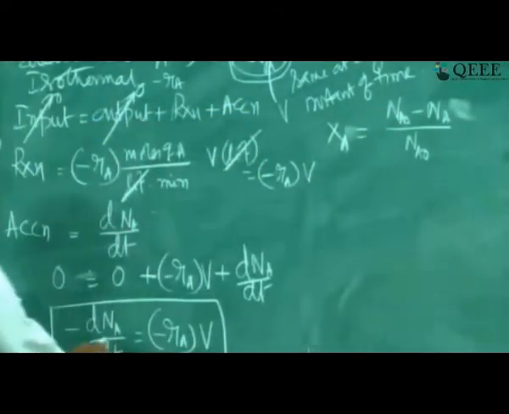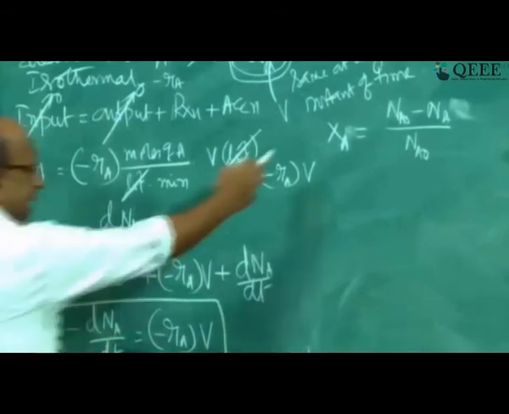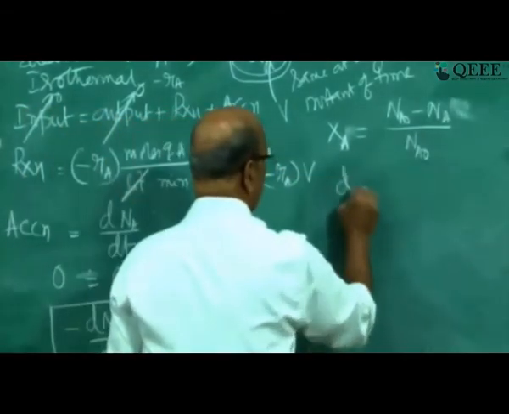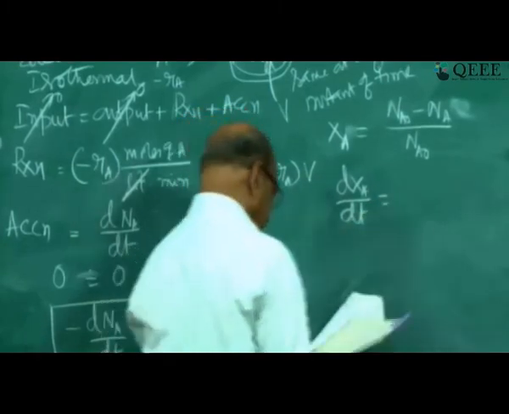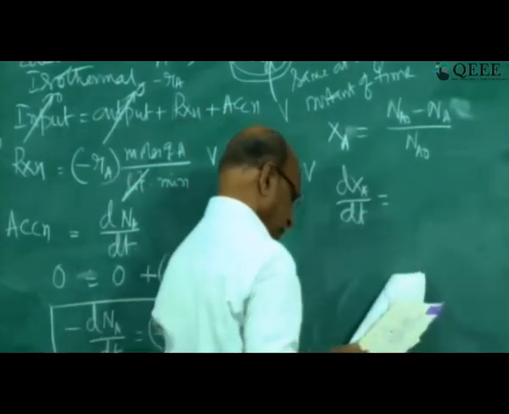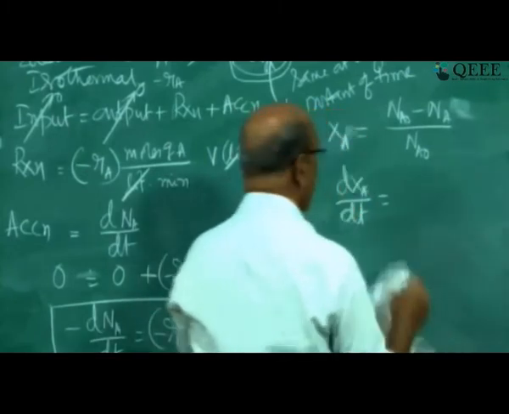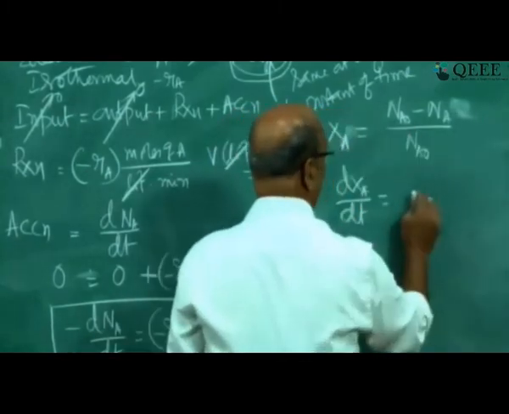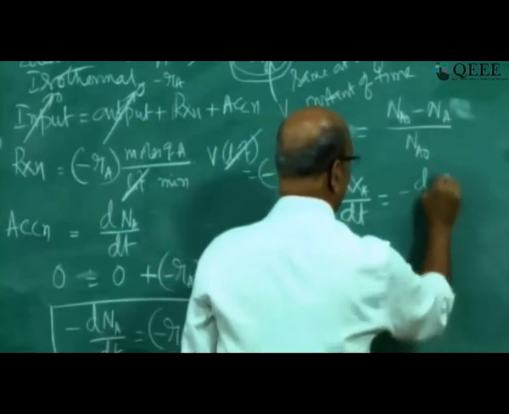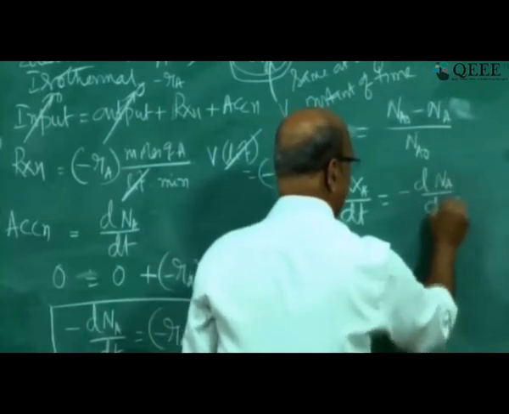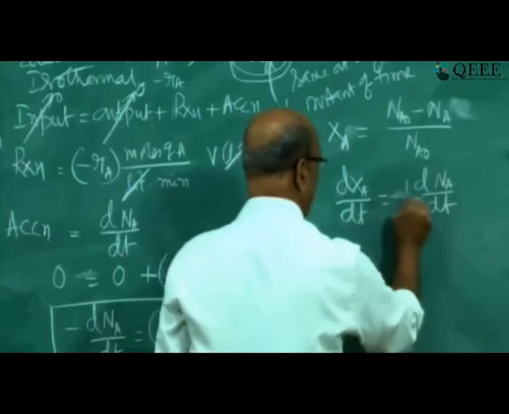So that is the conversion. Now this dNA/dt, I can differentiate this. So dXA/dt equals -dNA/dt times 1/NA0.